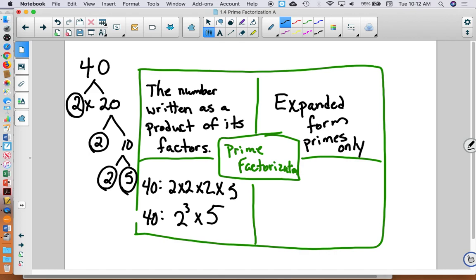The prime factorization is nothing more than writing all of the prime factors as a product. Okay? That's my prime factorization right there. Or this, either way. Okay? Either way. Now, what if I wrote this?